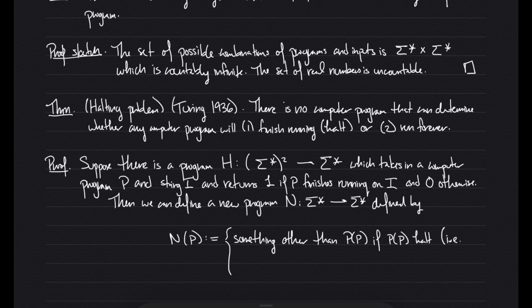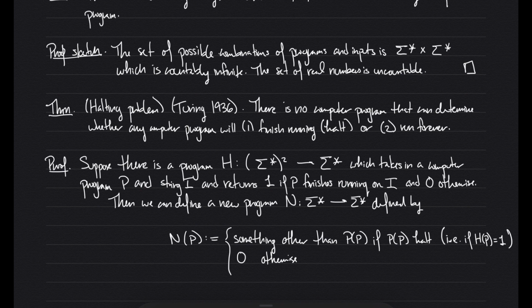That is, if H of P equals 1, so this is where we're using H. H is telling us if P of P halts. And it's going to return something, let's say, 0 otherwise. So if P of P does not halt, then N of P is going to return 0, which is still different than P of P, right?